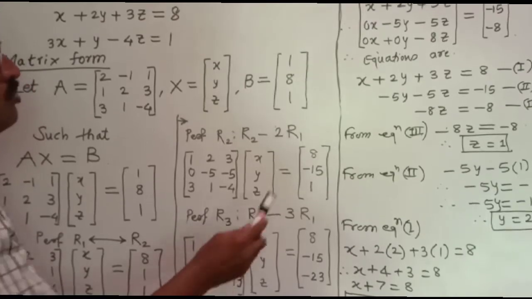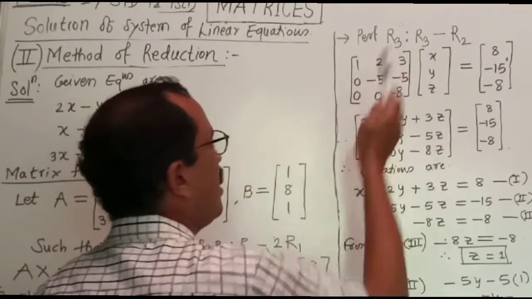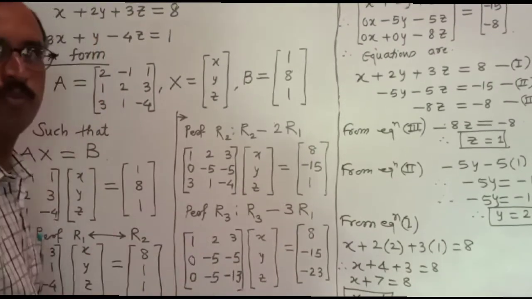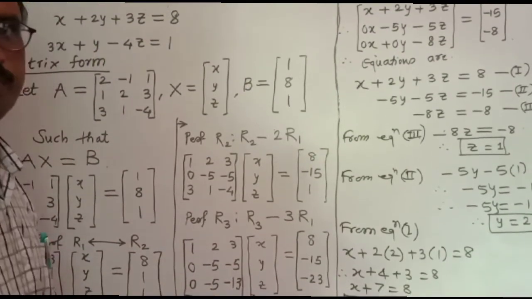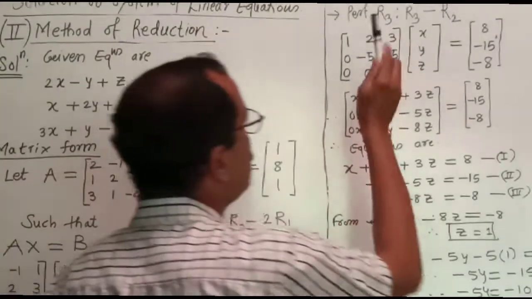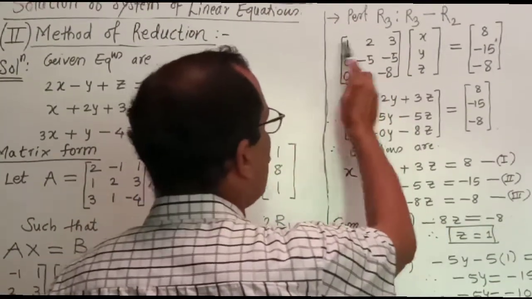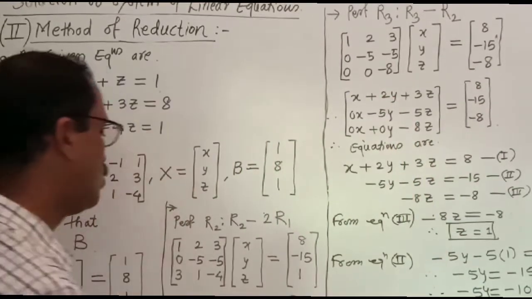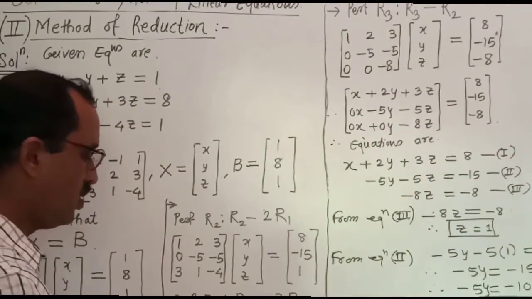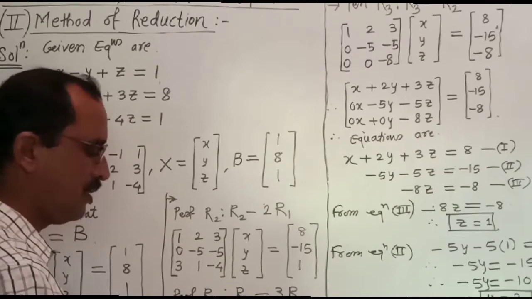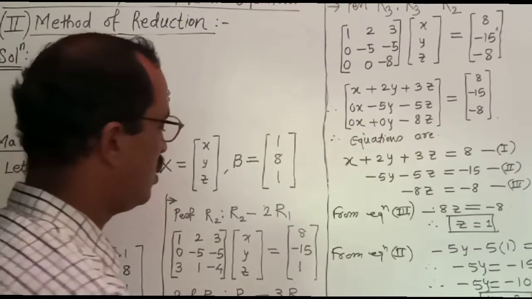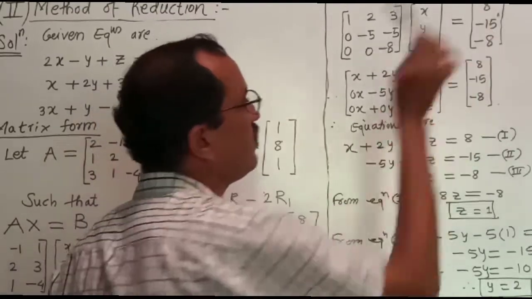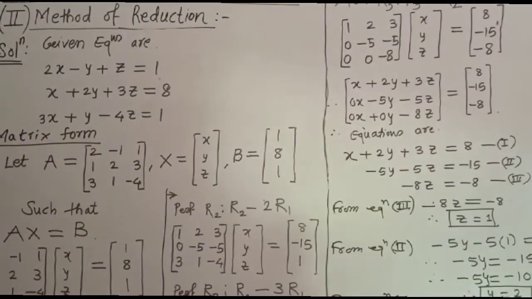So I write the transformation performing R3 such that R3 minus R2 on both sides. So we get here R1 and R2 remain the same. That means R1 is 1, 2, 3, R2 is 0, minus 5, minus 5. Here R1 is 8, R2 is minus 15 on the right hand side.